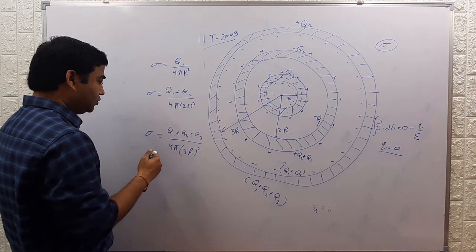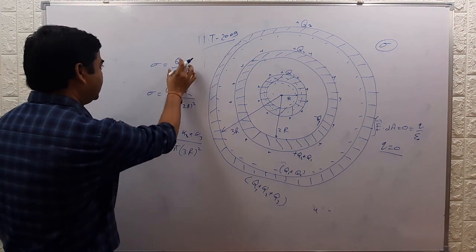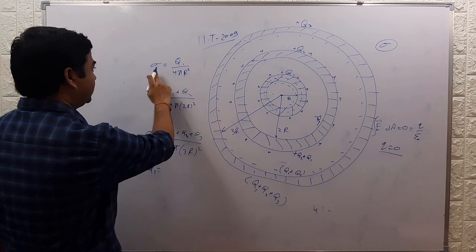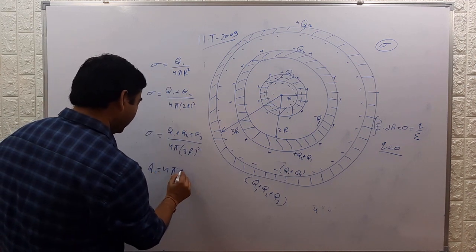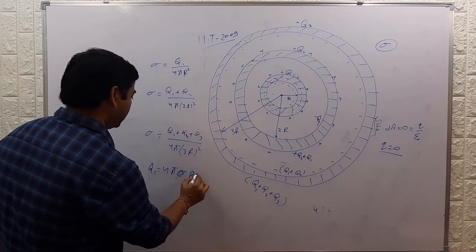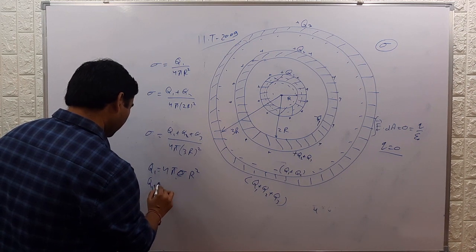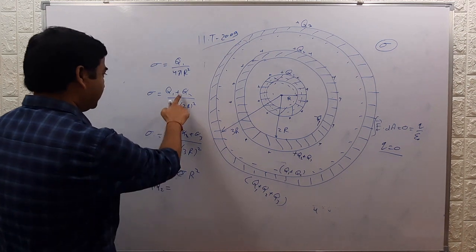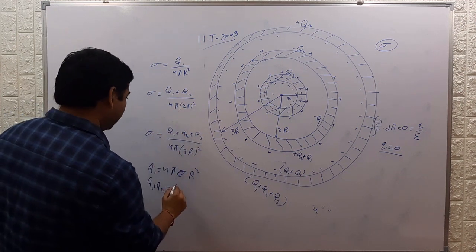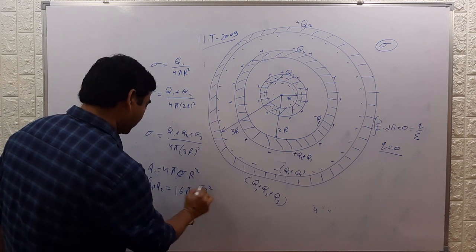Now you can equate, you can find Q1 is equal to 4 pi sigma r square. Q1 plus Q2, from this equation Q1 plus Q2 is 16 pi sigma r square.